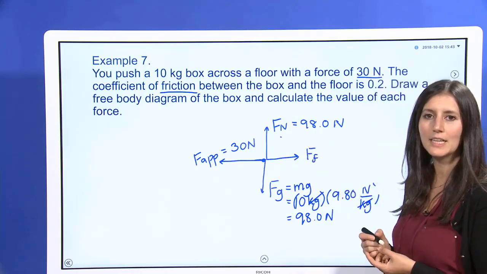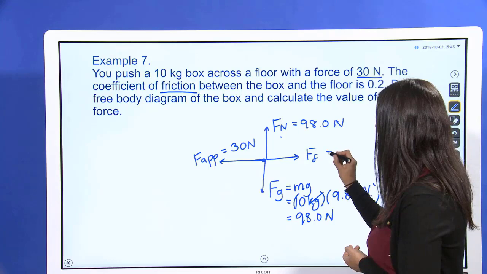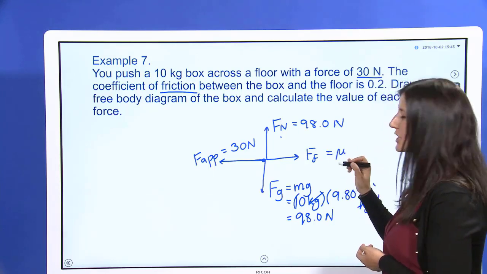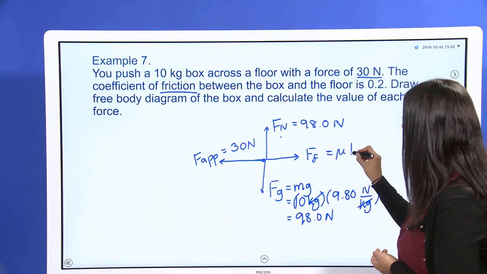Now how do I calculate force of friction? It always equals mu, which is the coefficient of friction, times the normal force.